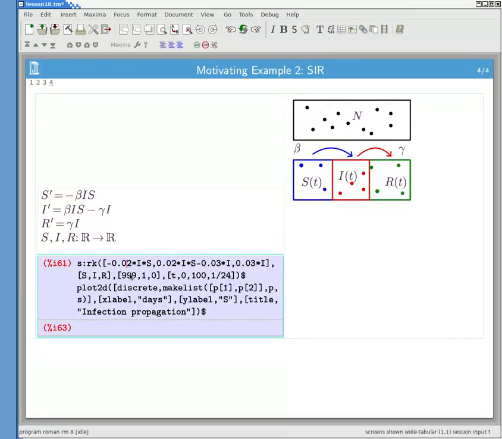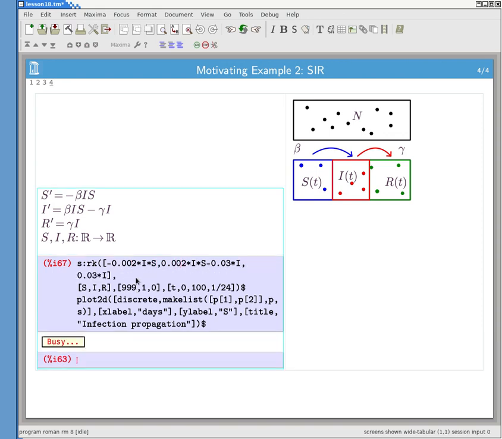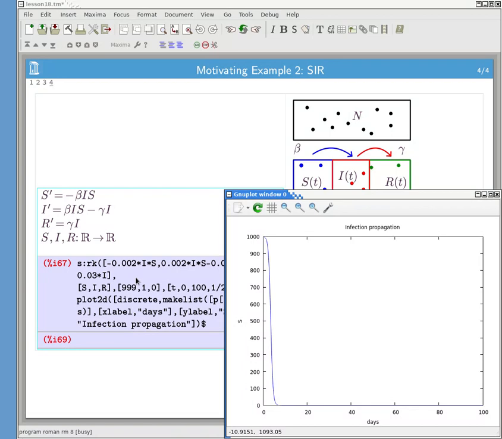A tenfold decrease in the efficacy of transmission of the disease, from 0.02 to 2,000ths now, will lead to the following evolution. Notice that again, all of the population becomes infected, this time on a slower time horizon.